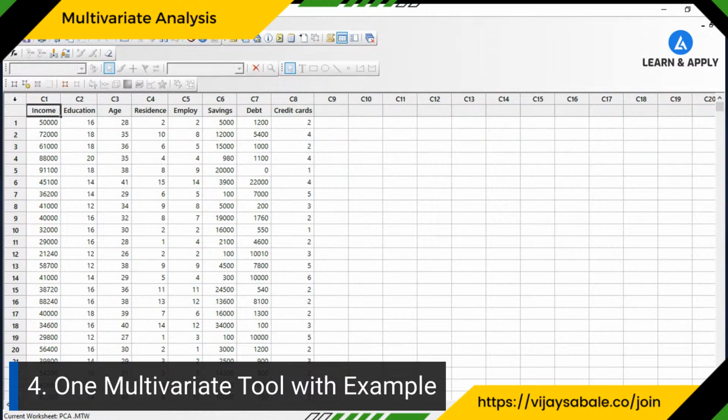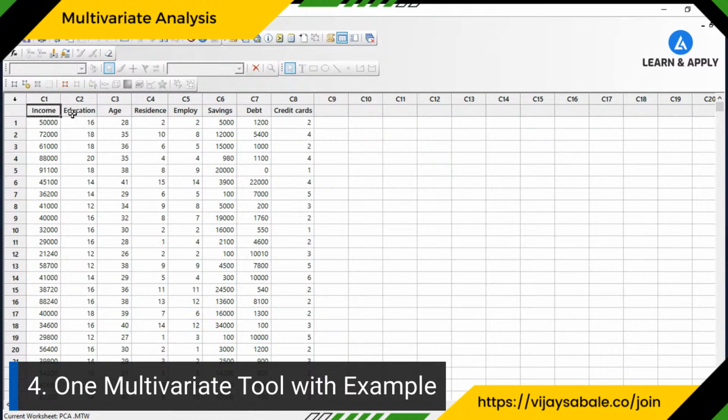Okay, can you see my screen? This is the Minitab worksheet, which has the data for all these 30 applicants for these 8 factors, 8 variables, right? So let's go into the detail of it.